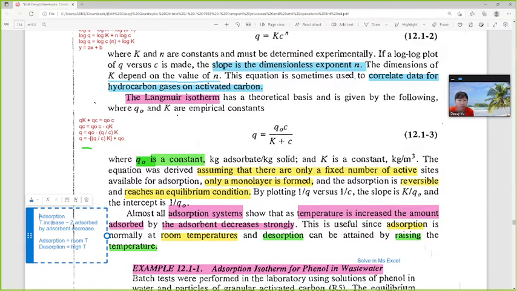Here, as the temperature increases, the amount absorbed by the absorbent decreases. Absorption occurs at room temperature, and desorption occurs at high temperature.